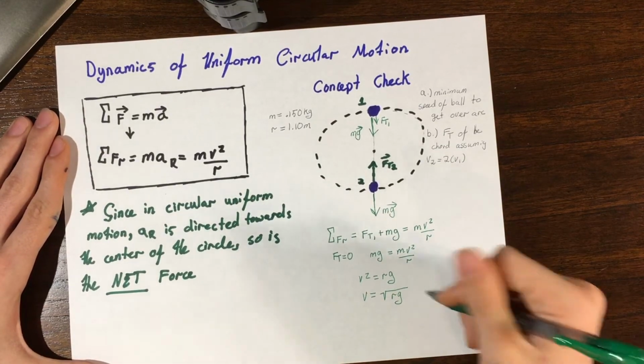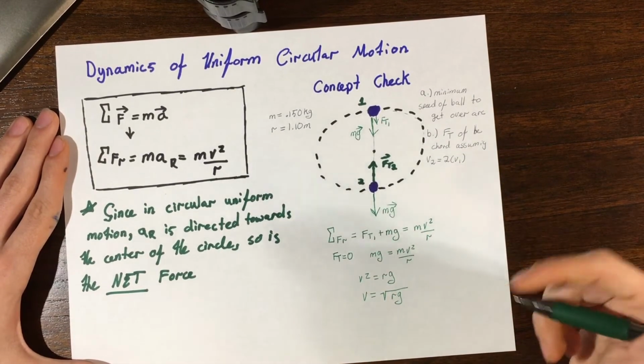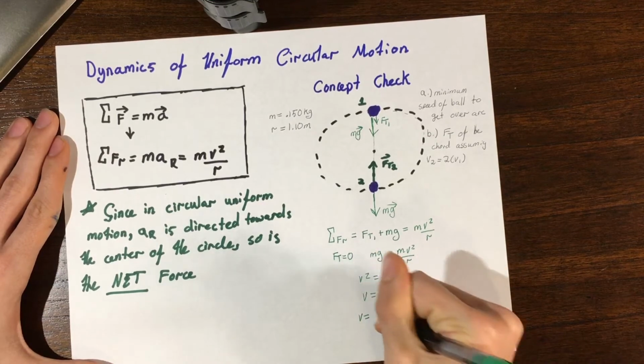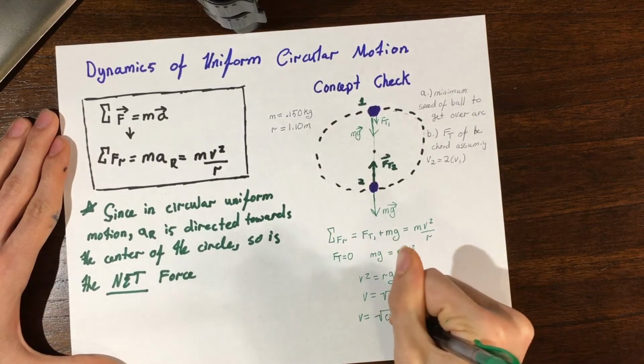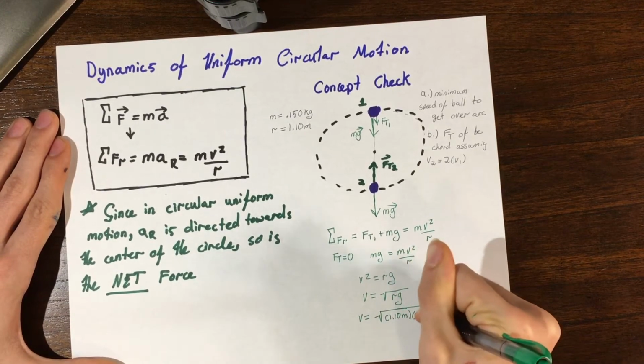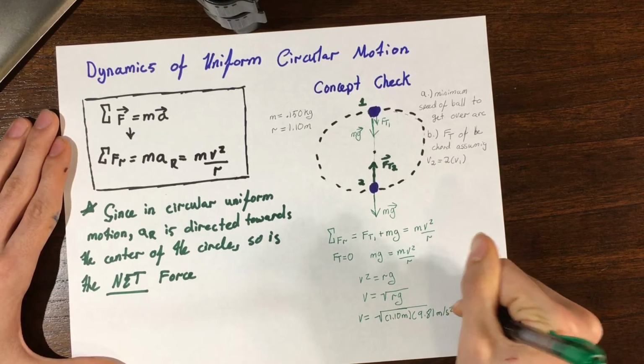You always want to look at your equation and notice which variables play a role and which don't. So velocity is equal to the root of our radius, which is 1.10 meters, times our gravitational constant of 9.81 meters per second squared.